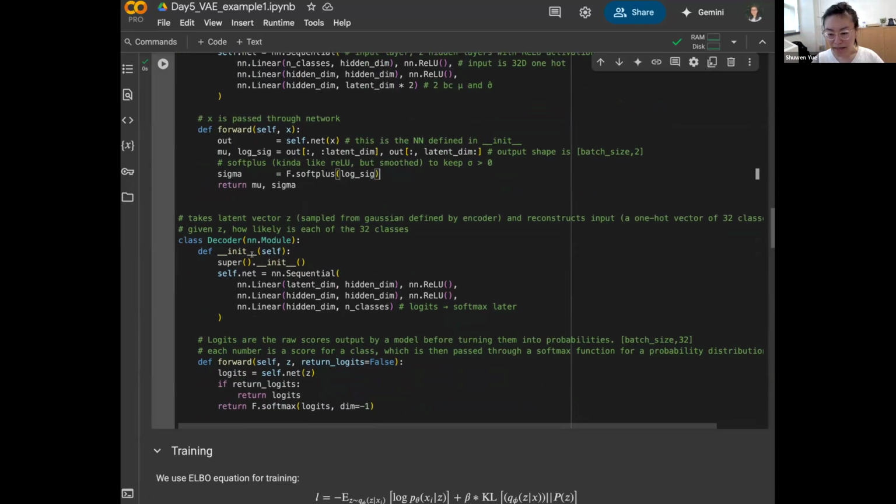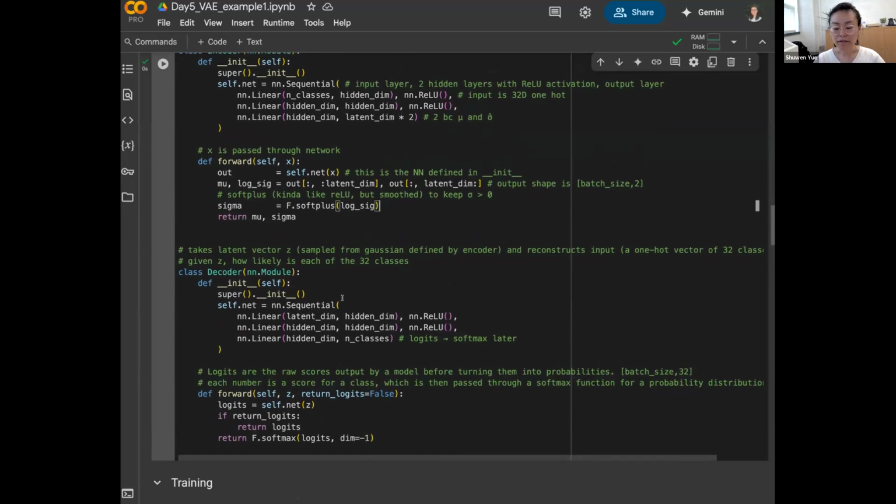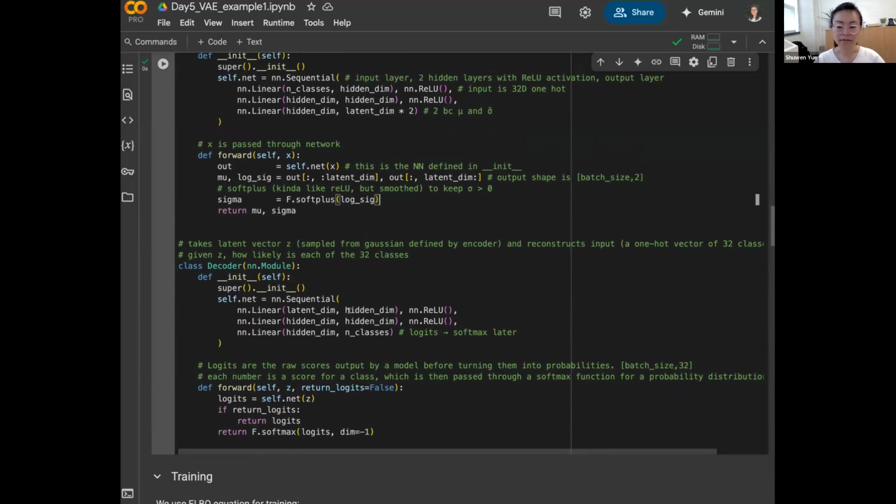Okay, so then we have a decoder function. This is where we input the latent space value, sigma epsilon, and it outputs a 32 vector that is a probability distribution of what class it should be. So it's symmetric with the encoder in the number of layers that it has. Same thing, two hidden layers. And what comes out is this 32 vector.